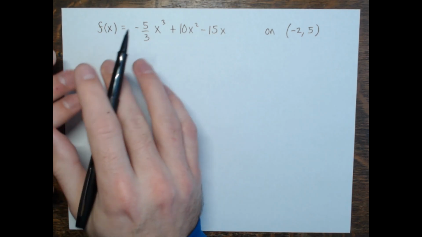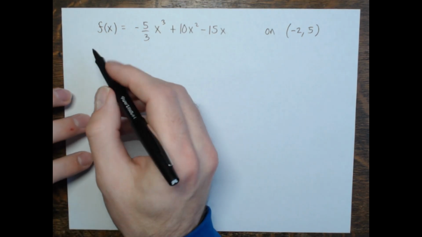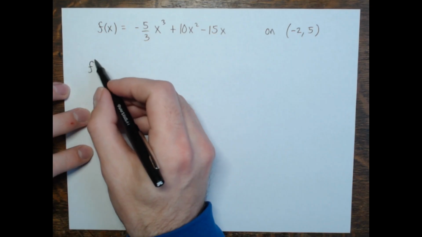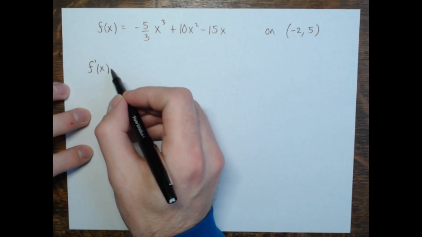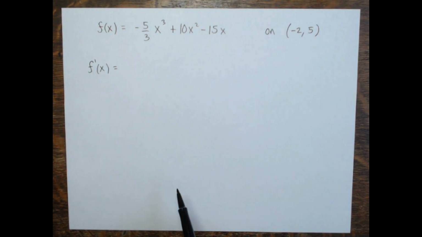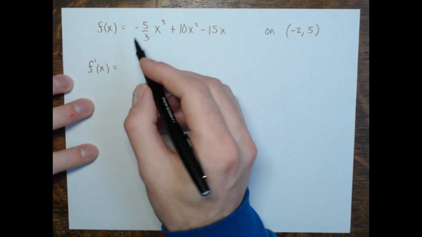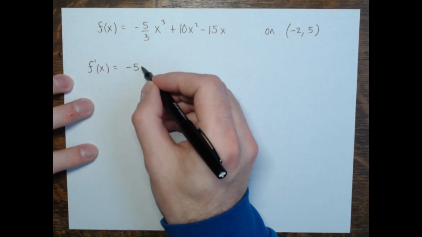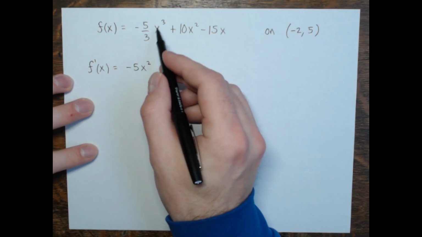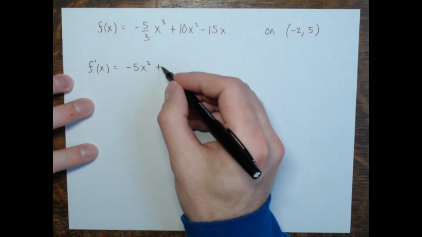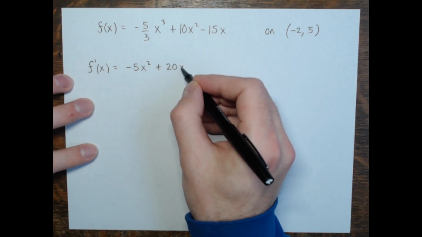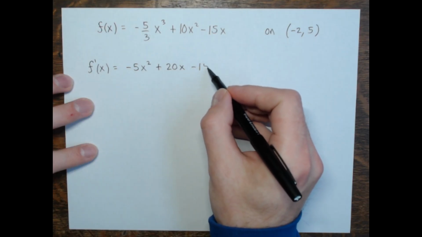First, where the hills and valleys could be are at the critical points for the first derivative. So take the first derivative and see where it's 0 or undefined. Being a polynomial, it's not going to be undefined. So where is it 0? That'd be negative 5x squared plus 20x minus 15.